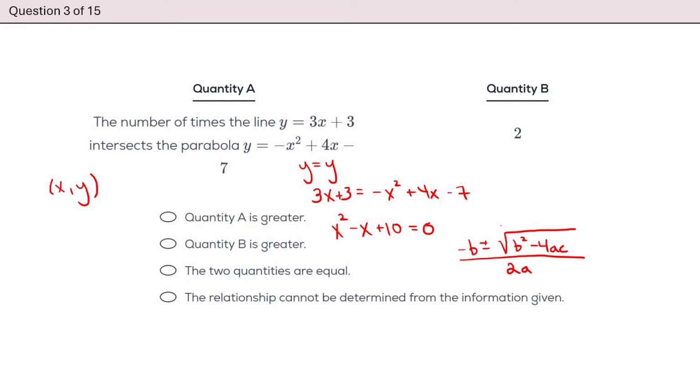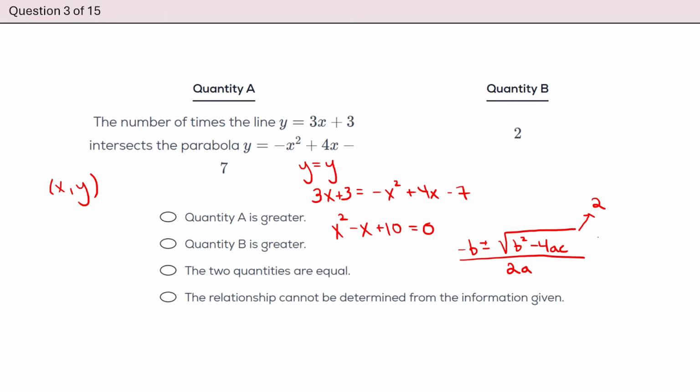The good news is we only need this part, b squared minus 4ac, because it presents 3 possibilities. If b squared minus 4ac is positive, we're going to be adding a positive and subtracting a positive number, which is going to result in 2 solutions. And 2 solutions means 2 intersection points.